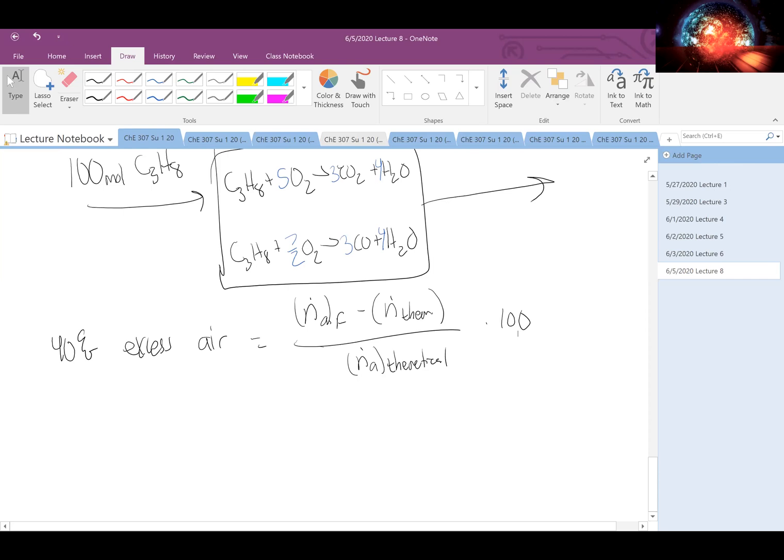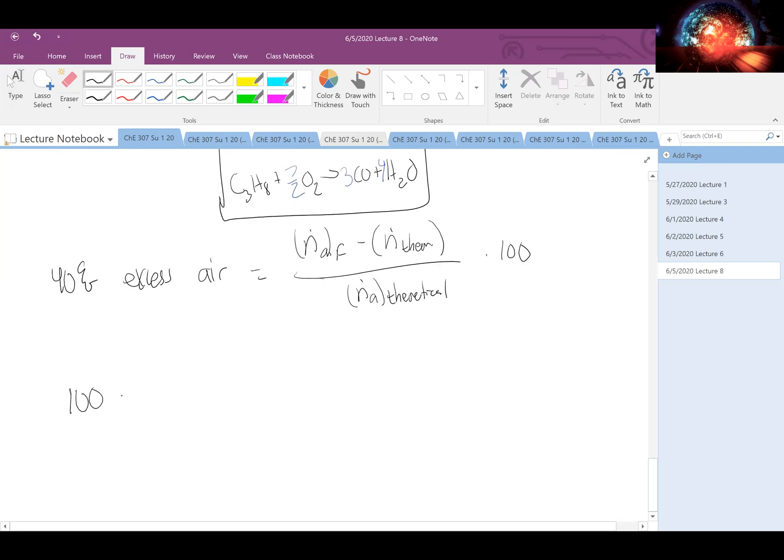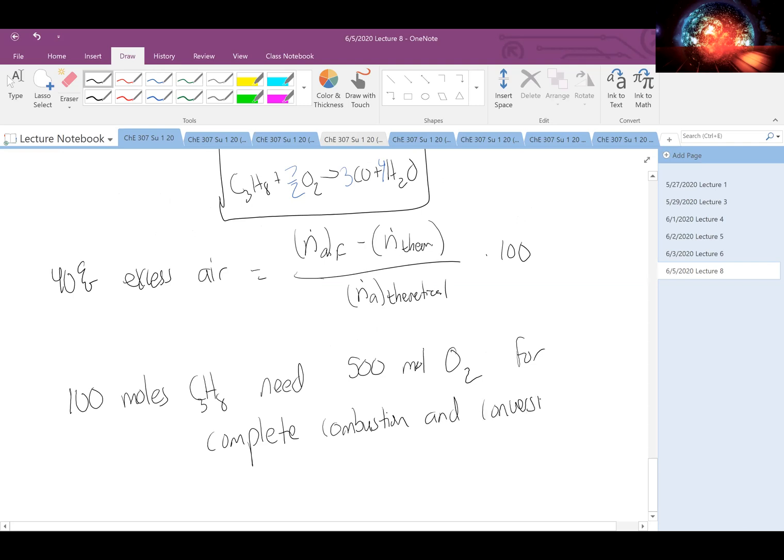For combustion reactions, we rely on complete combustion to determine our theoretical value, which means if I have 100 moles of propane coming in, then I need 500 moles of oxygen for complete combustion, regardless of the conversion of my fuel.